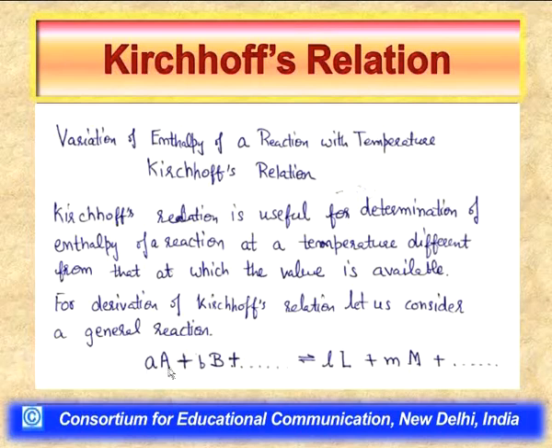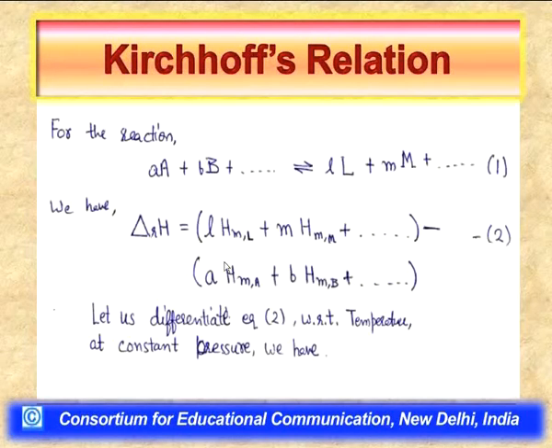For example, chemical species A has small a as stoichiometric coefficient, chemical species B has small b, and it leads to formation of several products such as capital L, capital M. These represent the product species, having their stoichiometric coefficients represented by small l and small m. Now, for such a reaction, if we want to determine the enthalpy change of the reaction, we can simply say it is the sum of molar enthalpy of products less the sum of molar enthalpy of reactants, each multiplied with their respective stoichiometric coefficient.